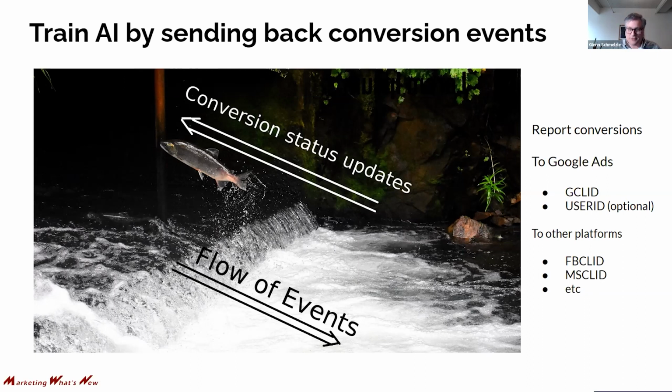So you'll want to start to look at things, for example, in the Google world, like a GCLID, or if you have somebody coming into your SaaS tool, for example, you have a user ID, and you can start to feed back these non-personally identifying pieces of information to the platform. Or if you're talking non-Google, you have a couple of others that you need to determine how to use.